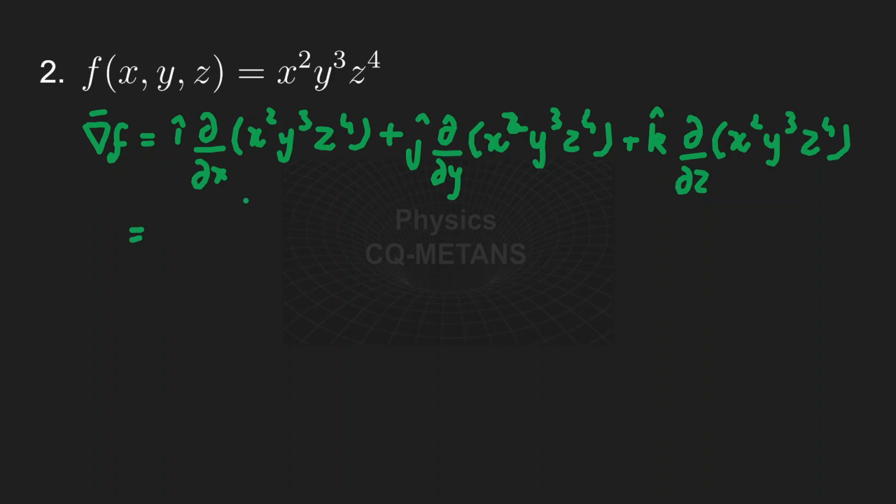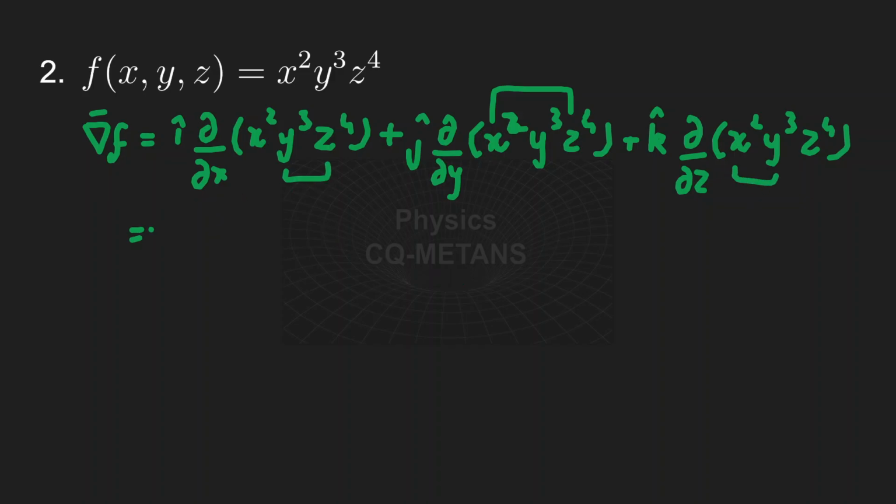Now these are products. In the product, whatever we differentiate, the other two remain constant. So when differentiating with respect to x, y and z remain constant. When taking the partial derivative with respect to y, z and x remain constant. When taking the partial derivative with z, the other two remain constant.